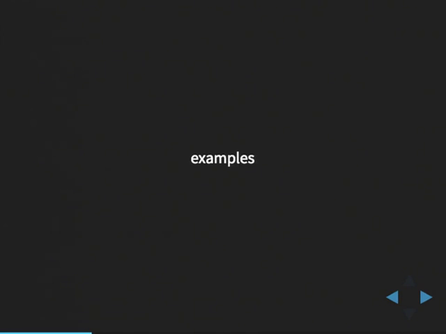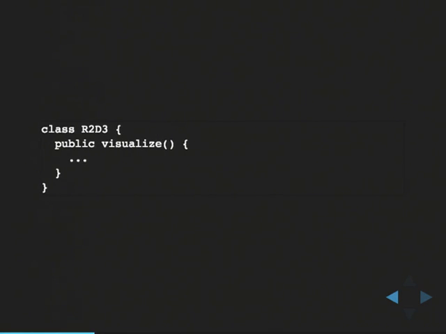So let's talk about good code. I want to give you some examples that show some of the principles that all these buzzwords gave you. And I'm actually going to argue that there's really just 2 core principles that you can draw away. You can sort of blur your eyes and average these out. So let's say we have this R2D3 class and it has a visualize method.